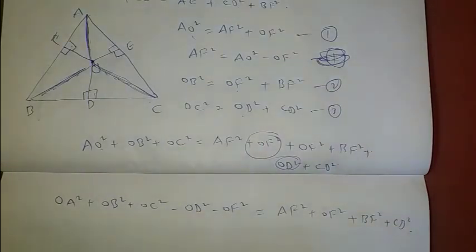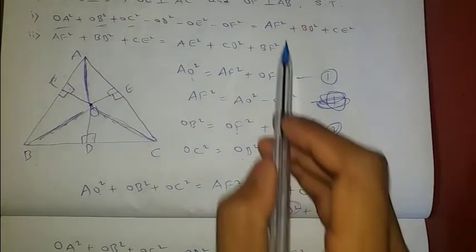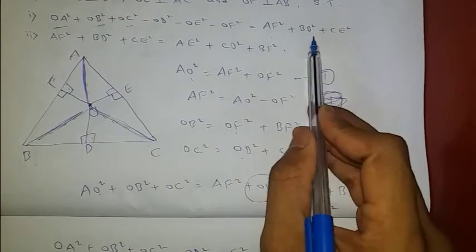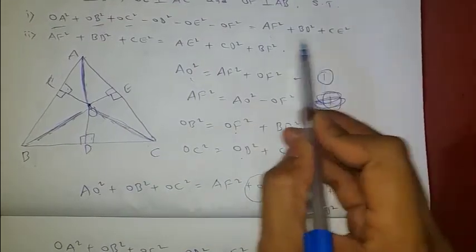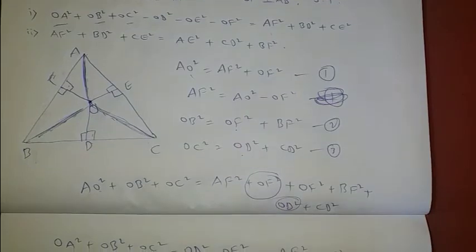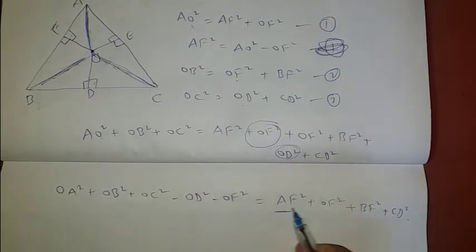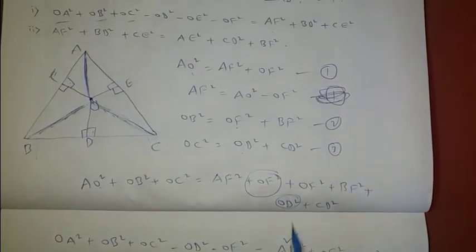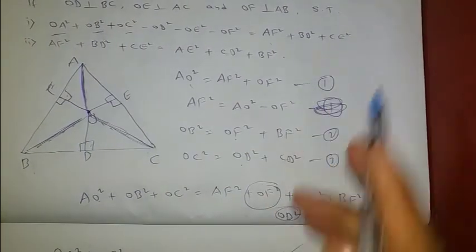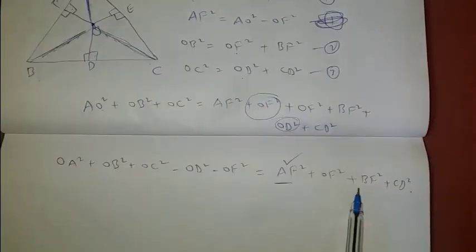Now if we observe the RHS, what exactly do we need to show? AF square, BD square, CE square. We have AF square, so let us keep it like that. Next, BD square and CE square are not there.